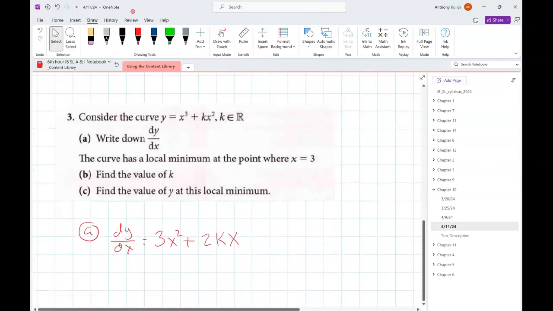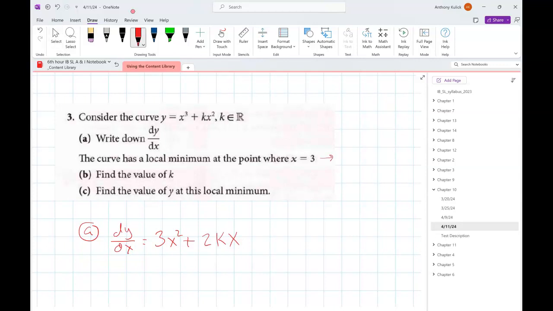Okay. It then says the curve has a local minimum at the point where x is equal to 3. What does this tell me? Well, it doesn't tell me y is 0. It tells me that the derivative when x is equal to 3 is 0.